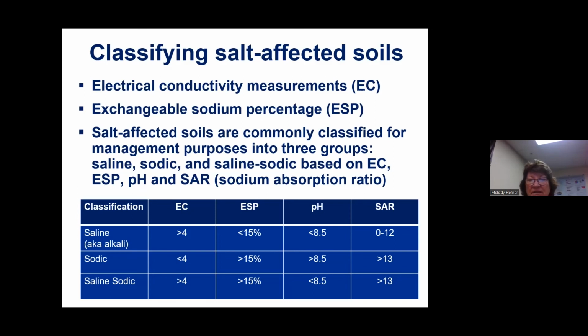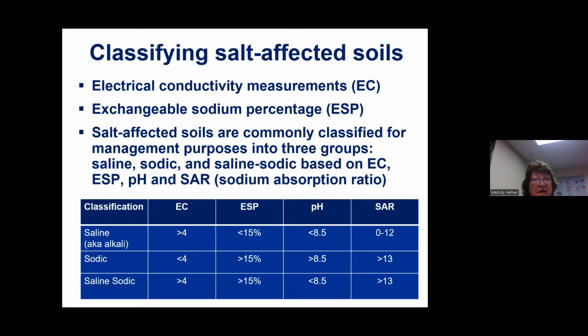So electrical conductivity is related to those soluble salt concentrations like we talked about. The exchangeable sodium percentage is a measure of the amount of sodium on the soil exchange sites. The soil exchange sites, again, are those clay particles and the organic material that's holding on to those salts.